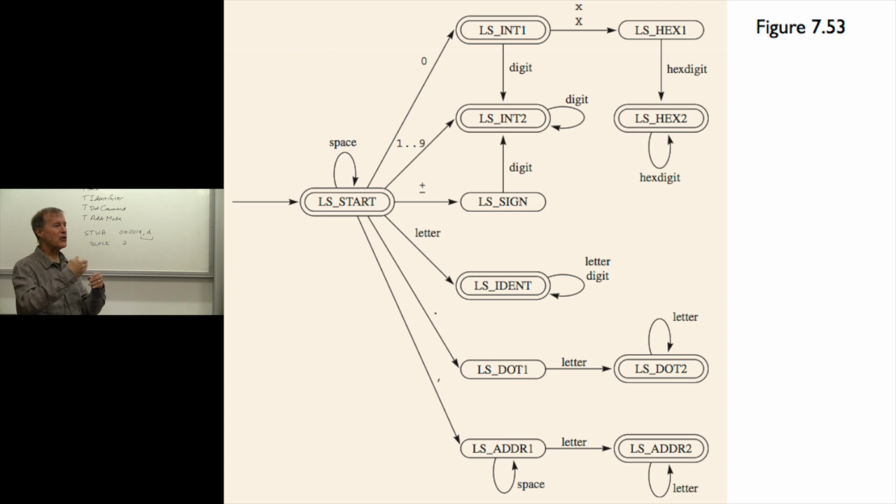When you start over with this finite state machine, what will happen with all those spaces? You'll be making a transition to the start state on those spaces, so they will get consumed that way. So that's all built in.